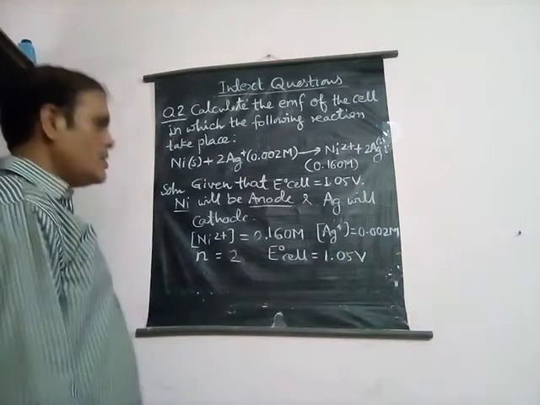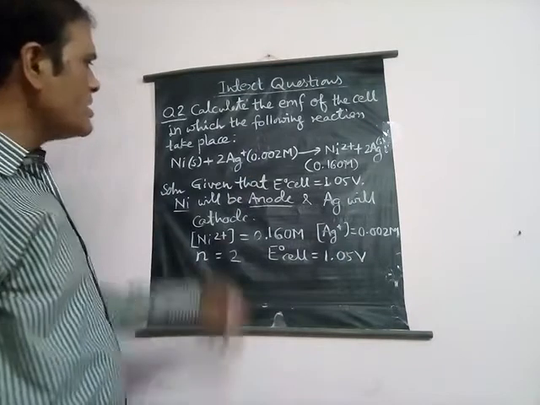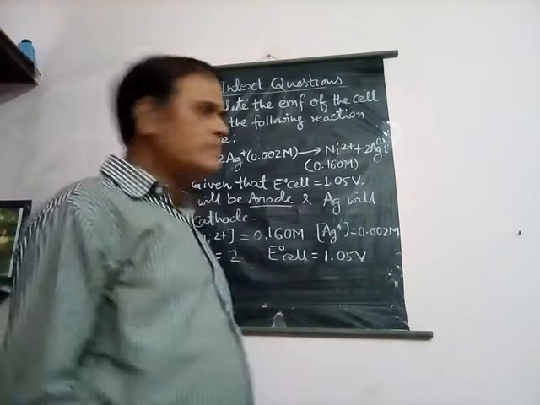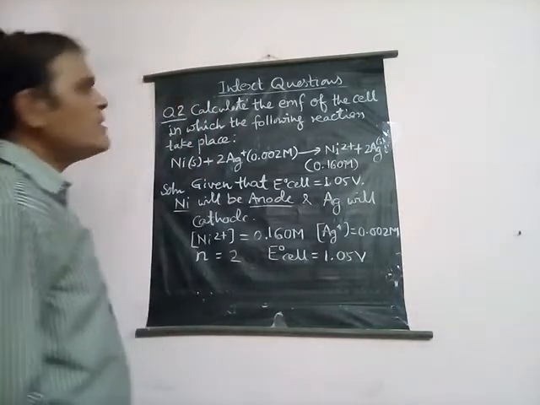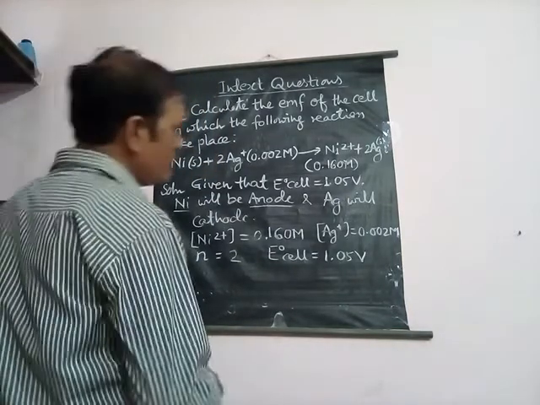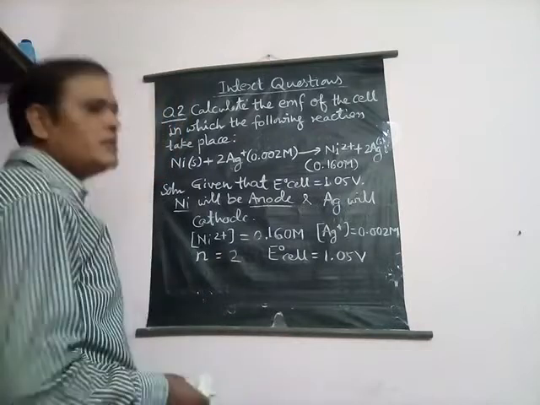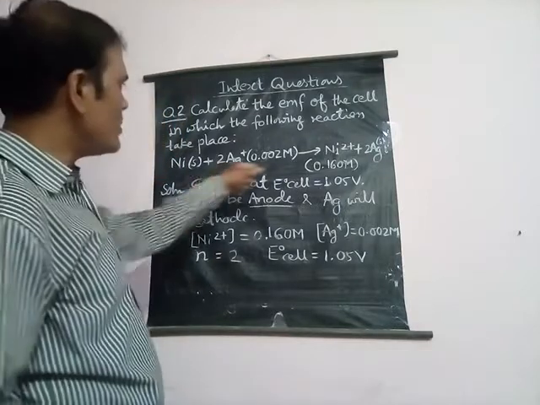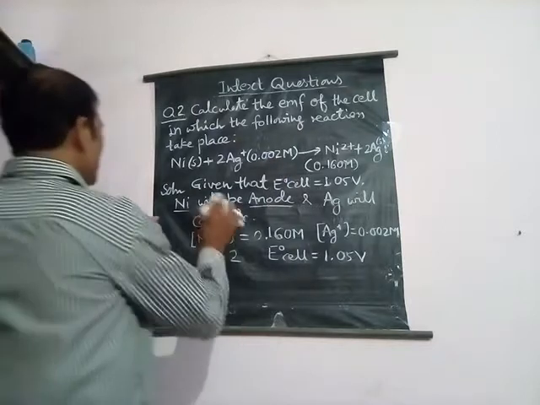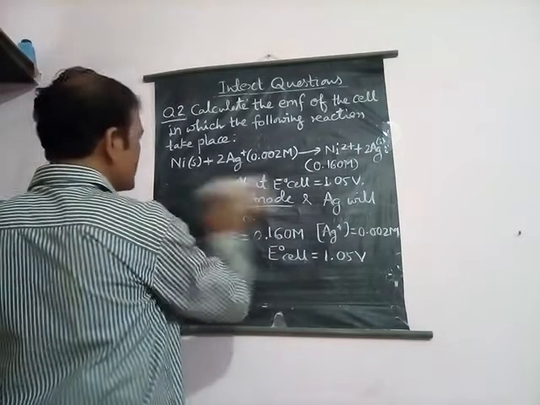With the help of all these values, we can easily calculate the EMF of the cell. For calculation of EMF of the cell, we see the Nernst equation for this particular type of cell.